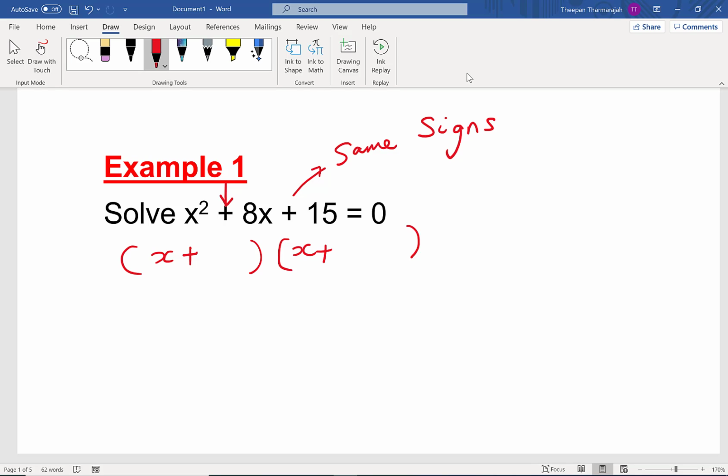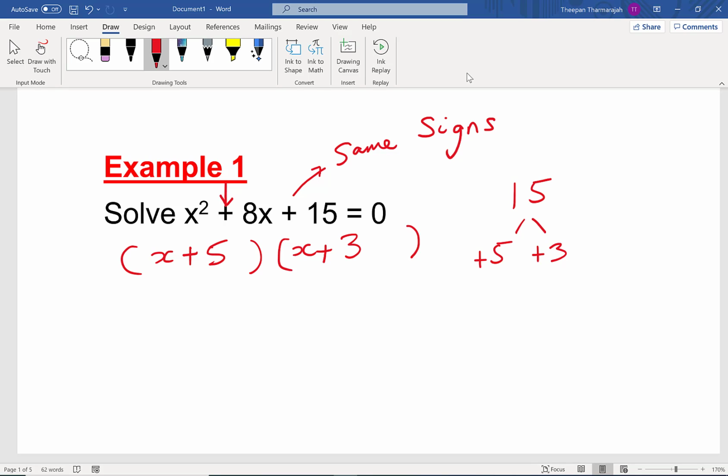So then we ask, what are the factors of 15? Well, 5 times 3 makes 15, and 5 plus 3 will make the middle term, which is 8. So we get plus 5 plus 3.